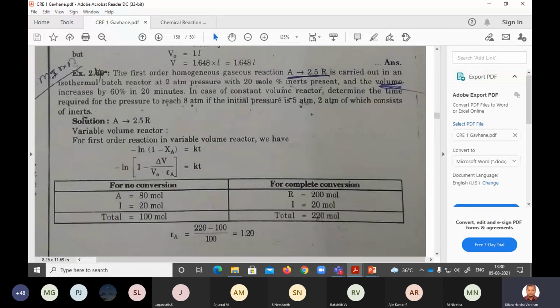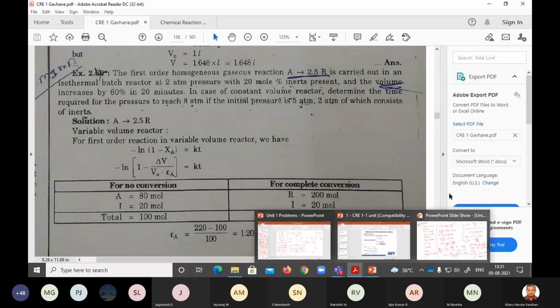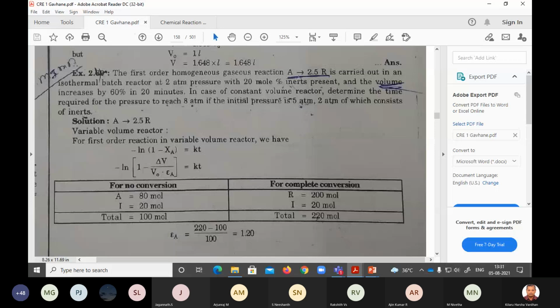A lot of times they ask this problem. If you see any question papers, this is the general problem which they give. So: the first order homogeneous gas phase reaction. Please write down. Gas phase means you have to calculate the expansion factor.